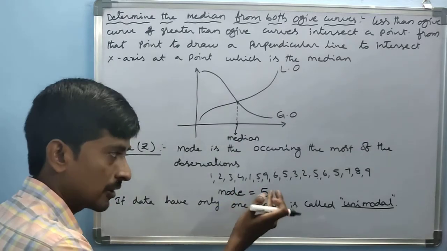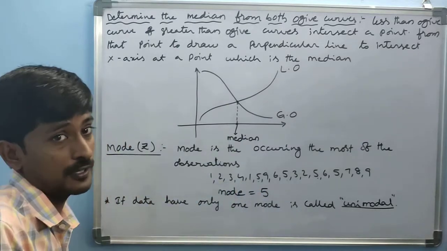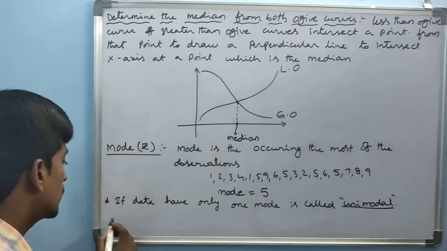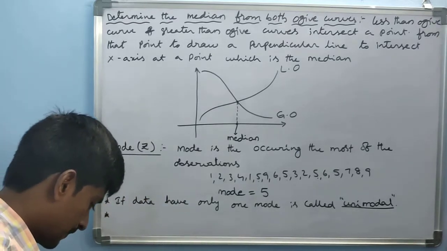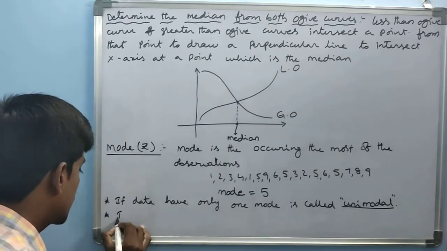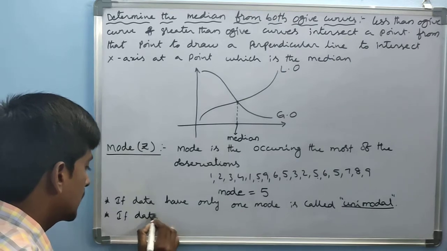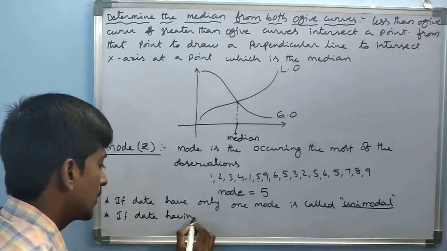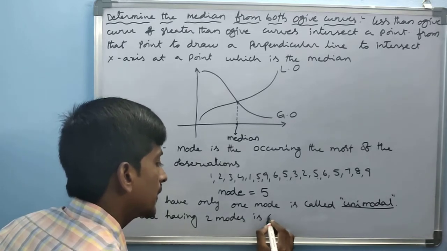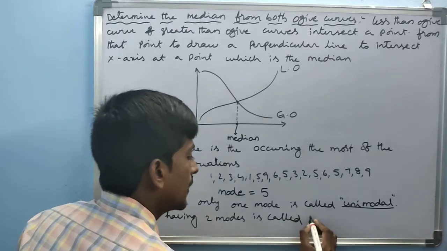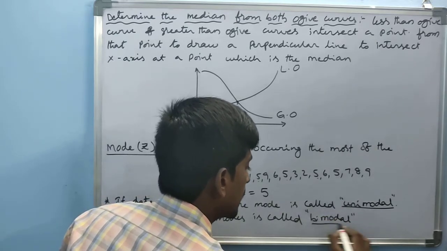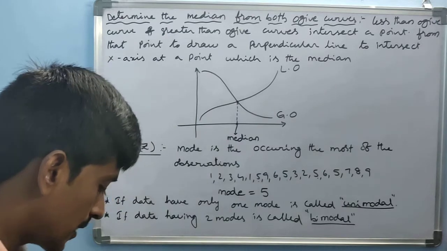For example, 5 came 4 times and 6 also came 4 times, so 5 and 6 are the modes. If data have two modes, it is called bimodal.